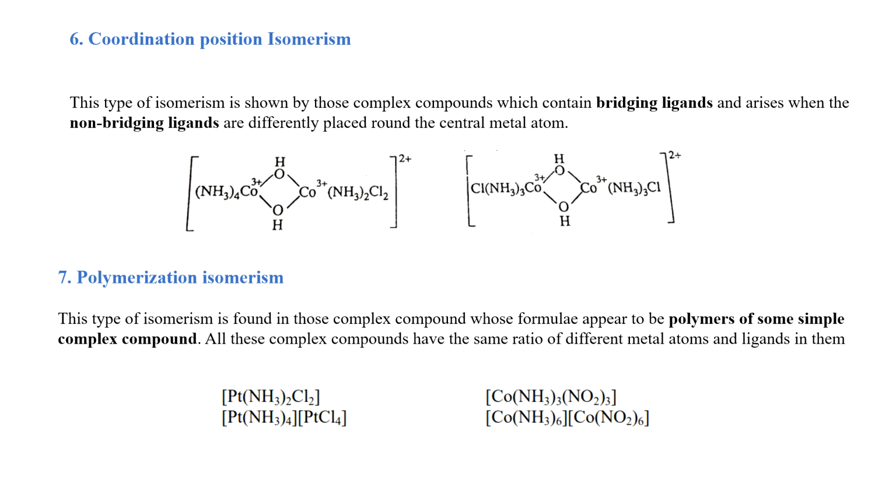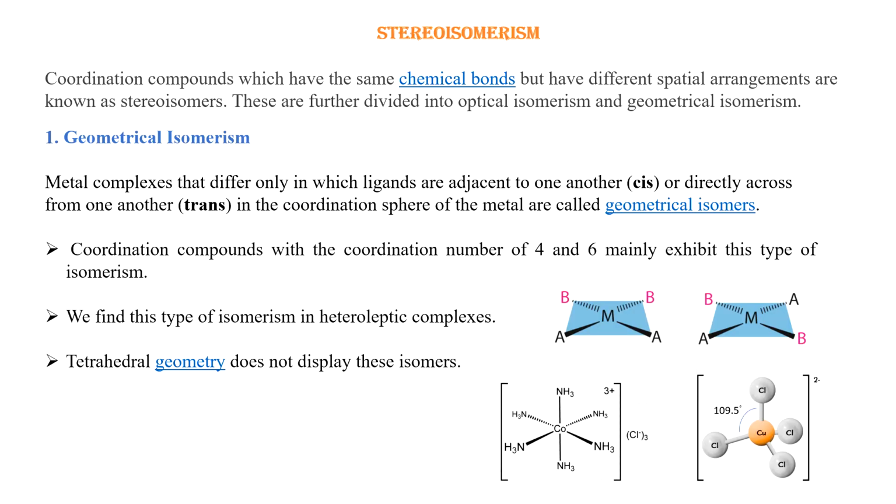Okay, now we'll move to stereoisomerism, right? So what is stereoisomerism? Compounds which have the same chemical bonds but different spatial arrangements are known as stereoisomers.